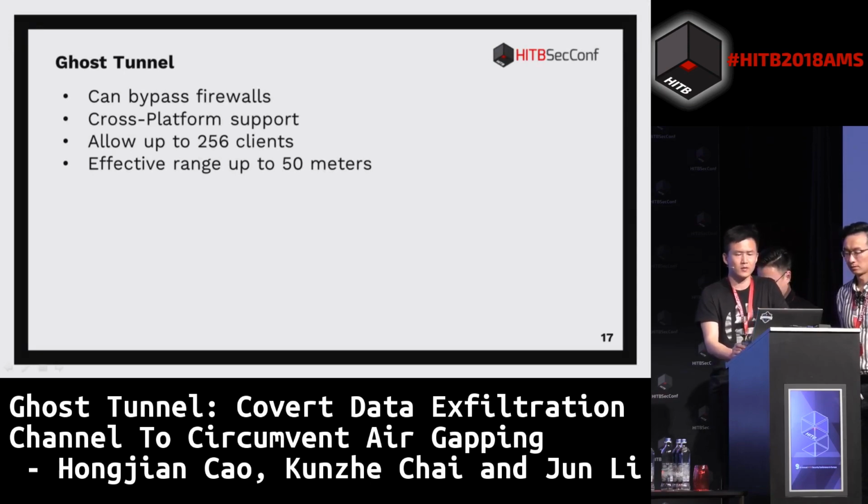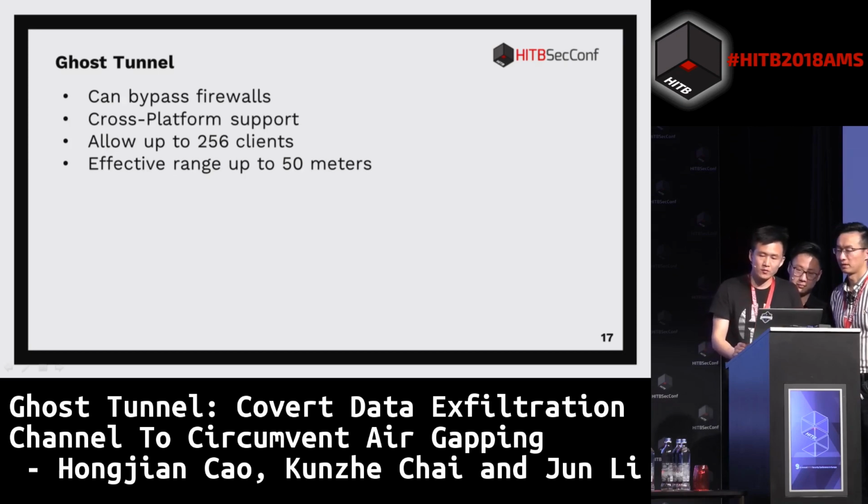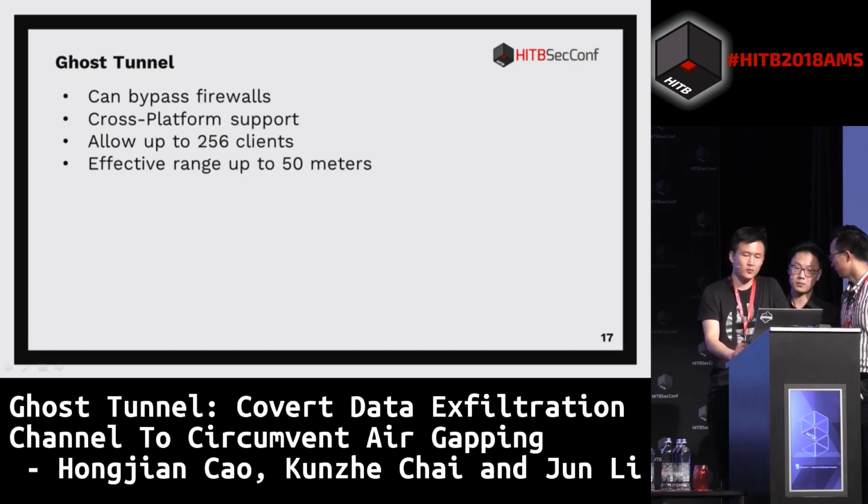Ghost Tunnel does not require a normal network connection, so it can bypass the firewalls, and it has no interference with the target's existing connection status and communications. And it supports cross-platform.